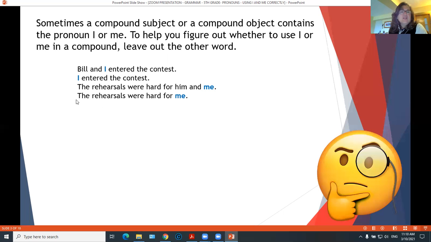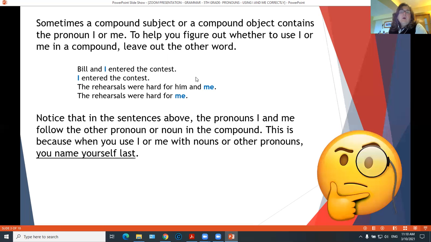This is just a trick to check if we are using I or me correctly in a sentence that has either a compound subject or a compound object. Okay, notice that in the sentences above, the pronouns I and me follow the other pronoun or noun in the compound.